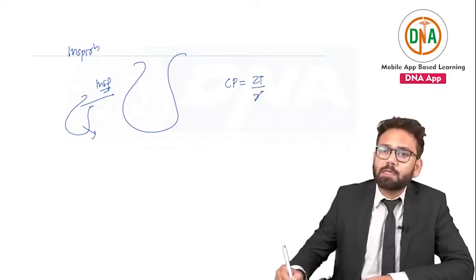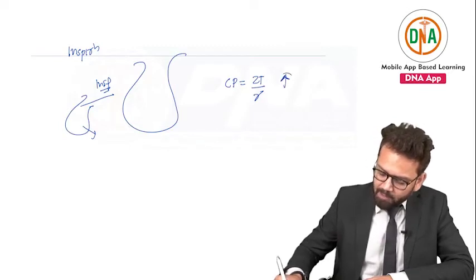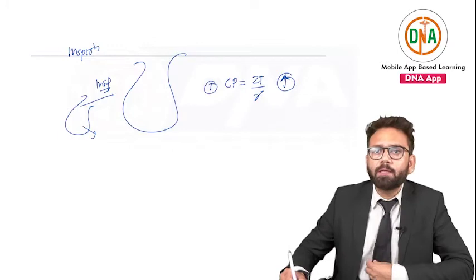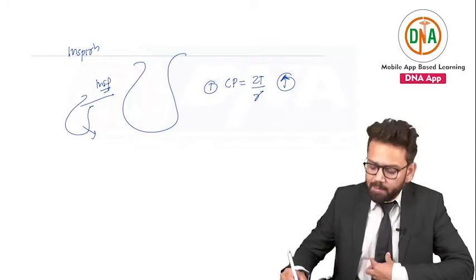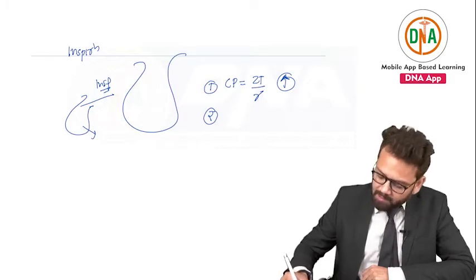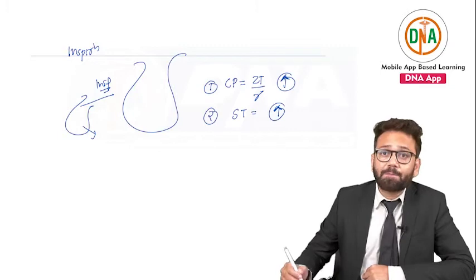Smaller the alveoli, more will be the collapsing pressure. So point number 1, collapsing pressure is more during inspiration because alveoli are smaller. Number 2, because collapsing pressure is more, surface tension is also more.